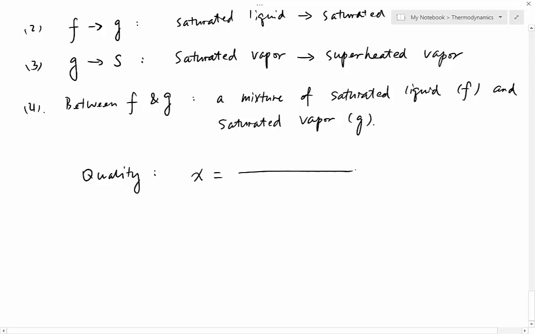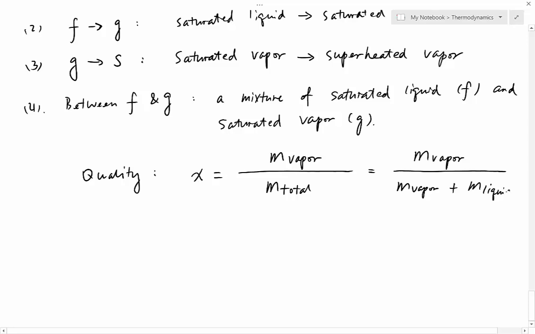The definition of quality is mass of the vapor divided by the total mass of the mixture. Or we can write it as mass of the vapor divided by total mass. What is total mass? Total mass is the mass of vapor plus mass of the liquid. This is the definition of quality.